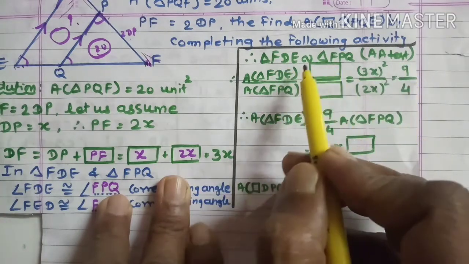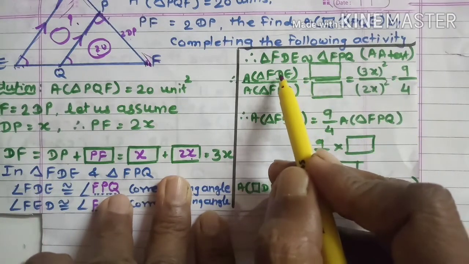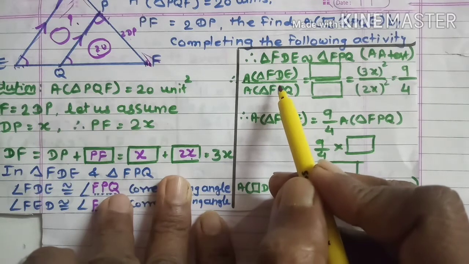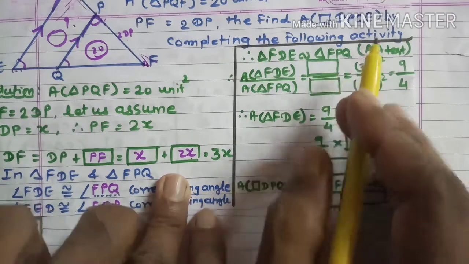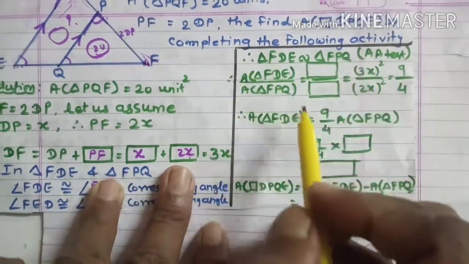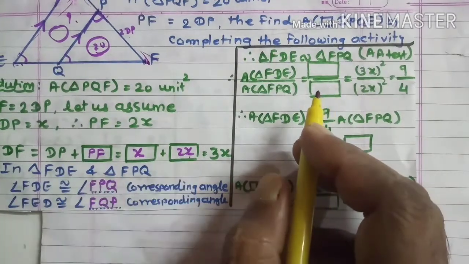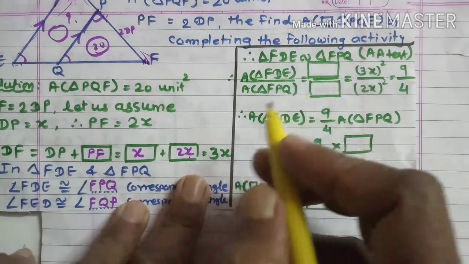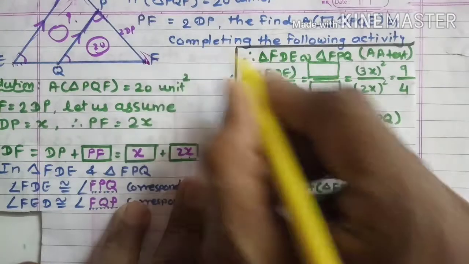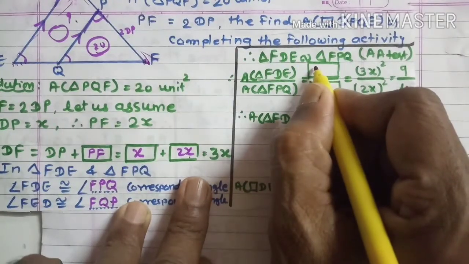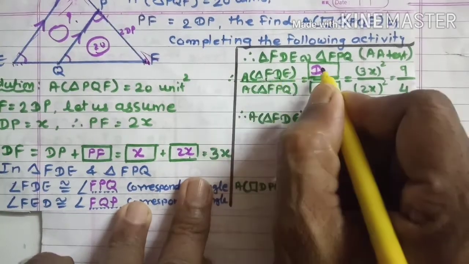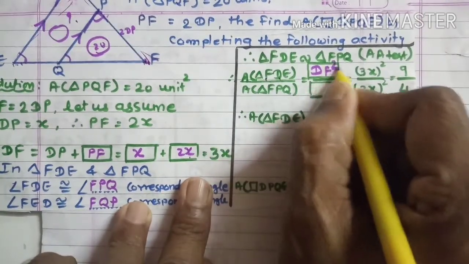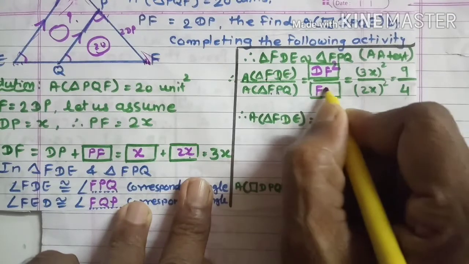Therefore if the triangles are similar, then the ratio of the areas of the two similar triangles is equal to the ratio of squares of their corresponding sides. Which side we need is here FDE, so we need DF square, DF means FD, over PF square, or we can say FP square.